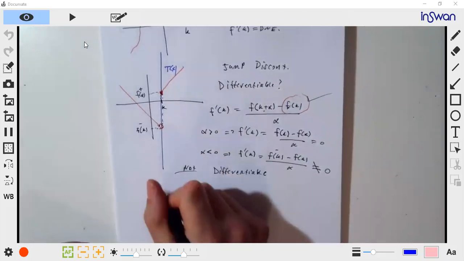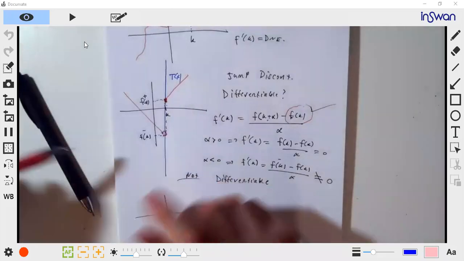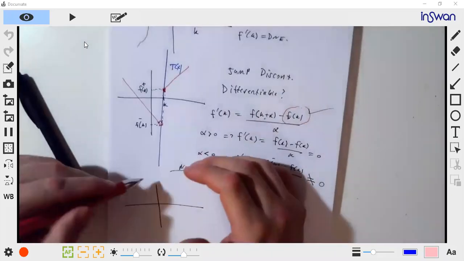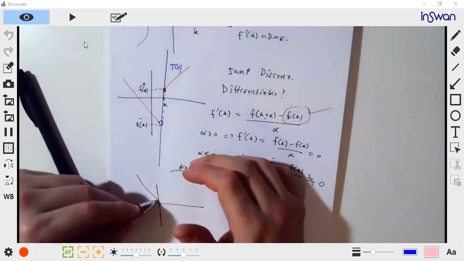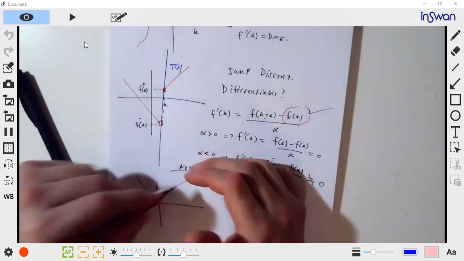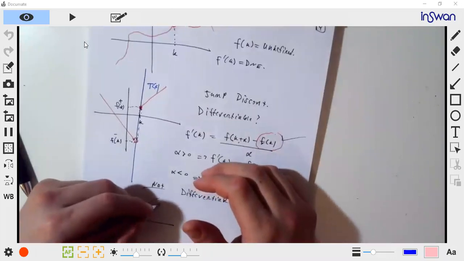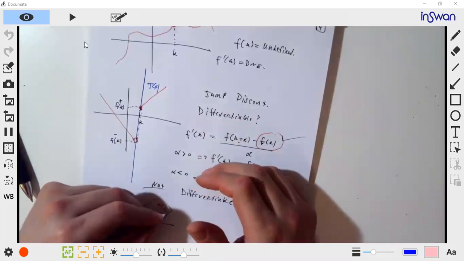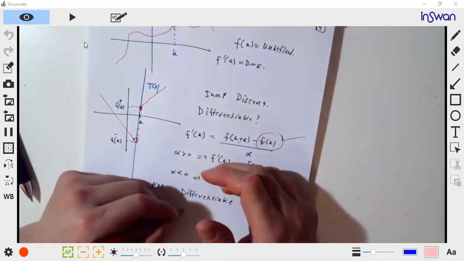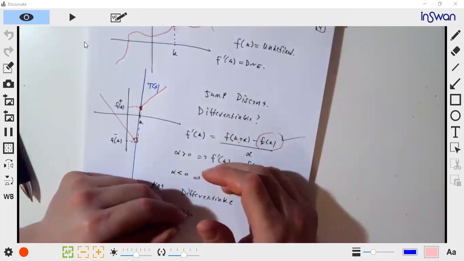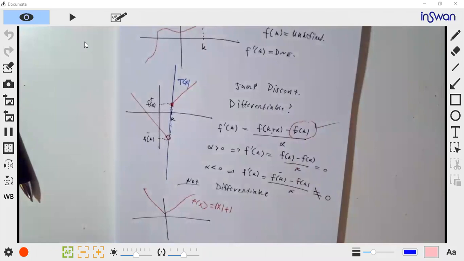Here's an example. Here's a continuous function that is not differentiable. Let's say that this is in red, f of x is equal to the absolute value of x plus 1, a vertical shift of 1.